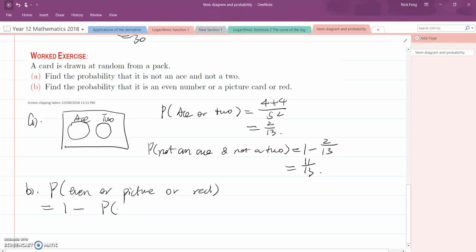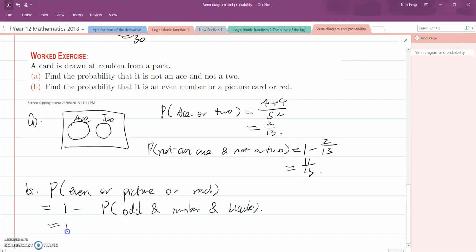Odd number and black. Okay? Oh, it should be at the same time, which is and, not or, because it's 1 minus.